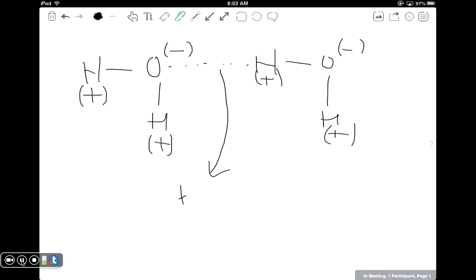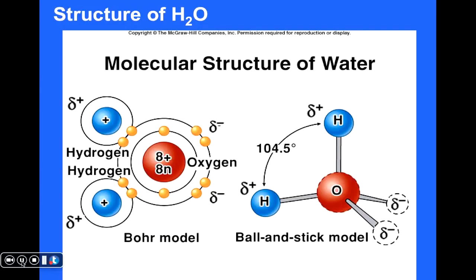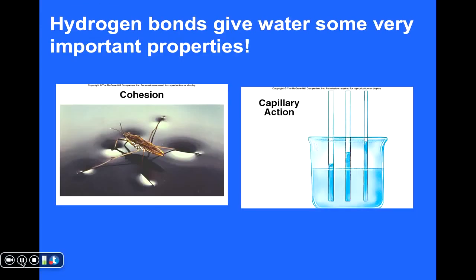So this attraction is what's referred to as a hydrogen bond. Hydrogen bonds are fairly weak, but as we'll see later, profoundly important in many types of biological molecules. We just used water to illustrate hydrogen bonds, but they're important in other molecules as well.